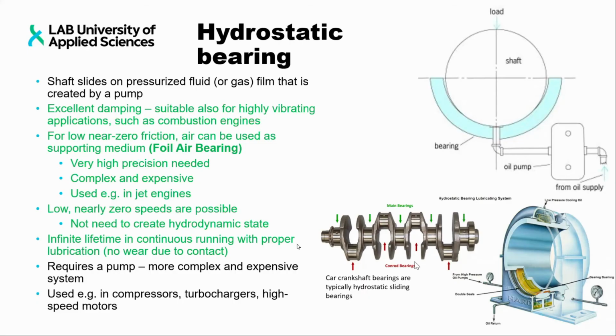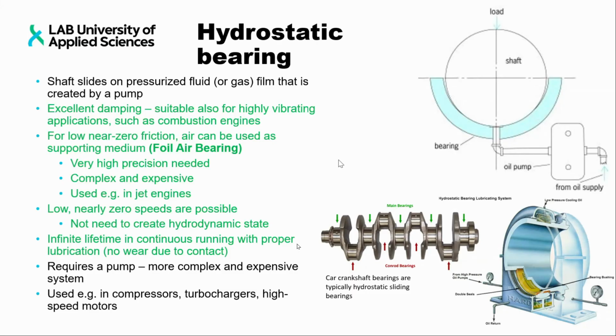So the oil is fed into the clearance between the turbocharger shaft and the bearing outside shell. One application of hydrostatic bearing is, for example, a type of electric machines that have been used in ships, in vessels that operate in intermittent intervals.